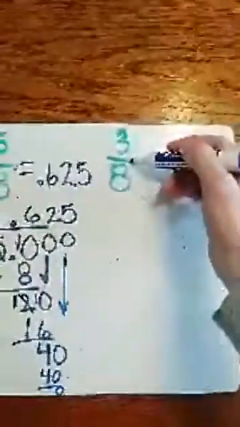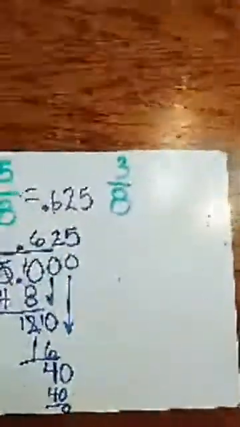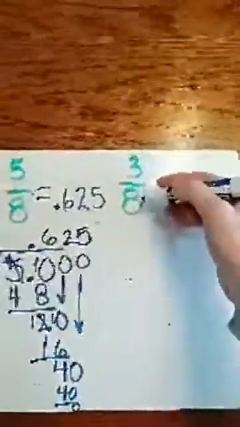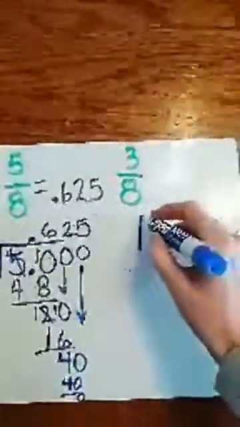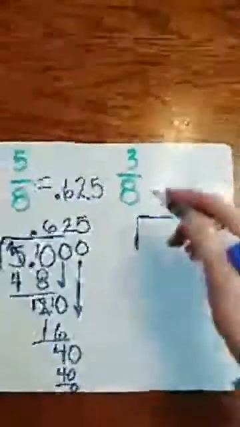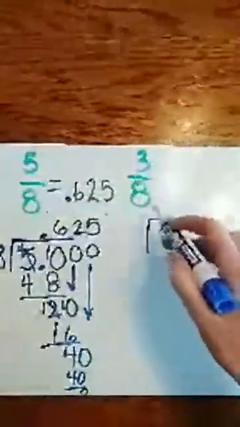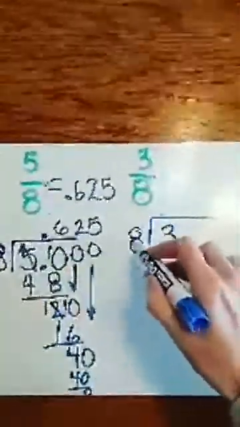Okay, let's try one more. 3/8. Again, this isn't an easy one like 3/10. We can't just read it and know. So we know the fraction bar is the same as a division bar. 3 divided by 8. So we're going to put it in our fraction or division box. 3 is our dividend, 8 our divisor.